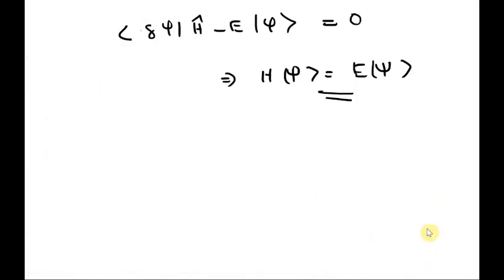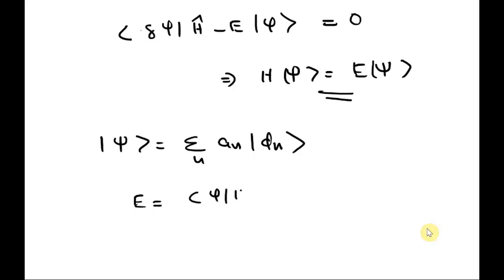Now let me take this ψ as a combination of states, Σ aₙφₙ. If I want to find E, what will I get? E is nothing but ⟨ψ|Ĥ|ψ⟩ divided by ⟨ψ|ψ⟩. Ĥ acting on ψ will produce an energy value.